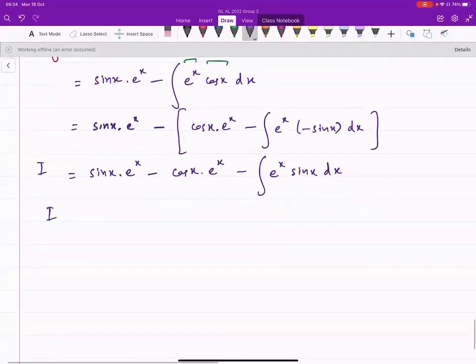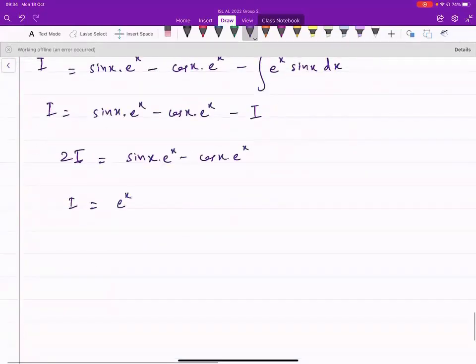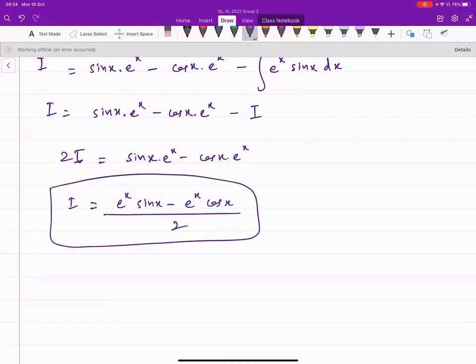I is equal to sin x into e raised to power x minus cos of x into e raised to power x minus I. So 2I equals this whole thing, and I equals e raised to power x into sin x minus e raised to power x cos x, whole divided by 2. That is the integral.